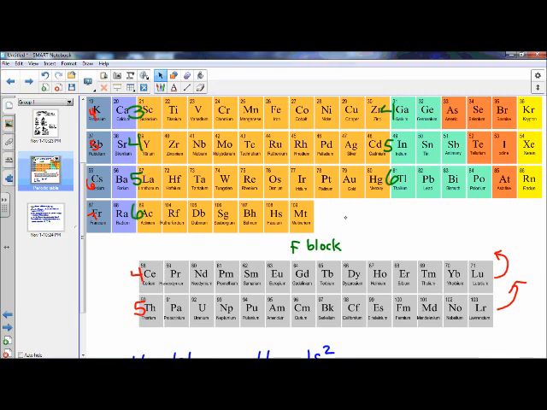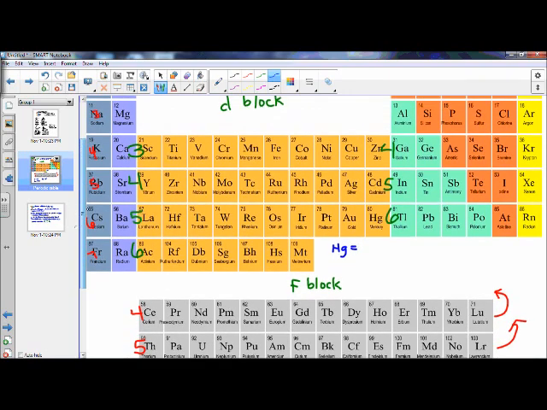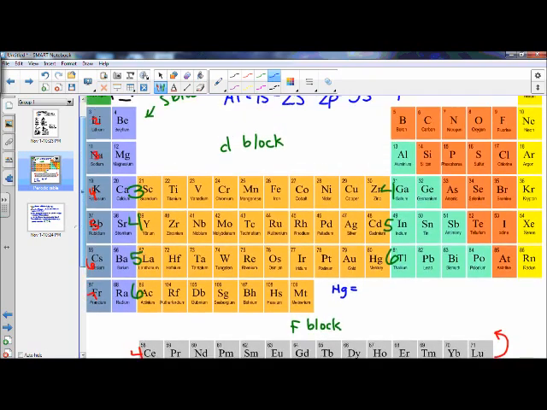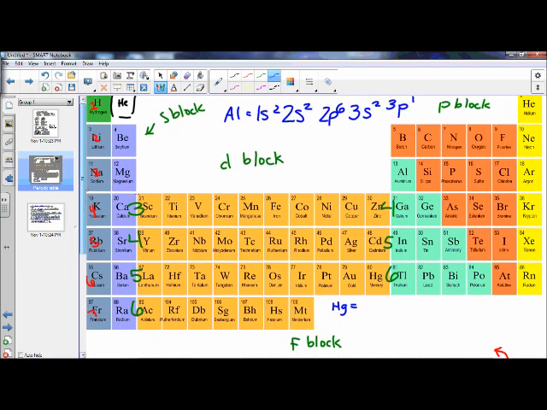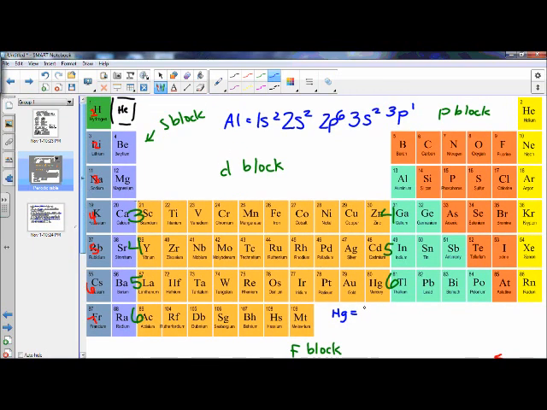Okay, so let's do mercury, Hg. Remember, we're going to start at the very, very beginning. So we start with 1s, and we go across those two elements, 1s2. Then we go to 2s.